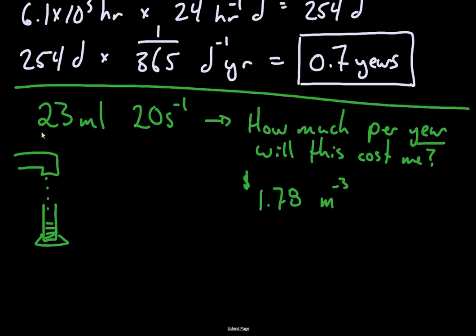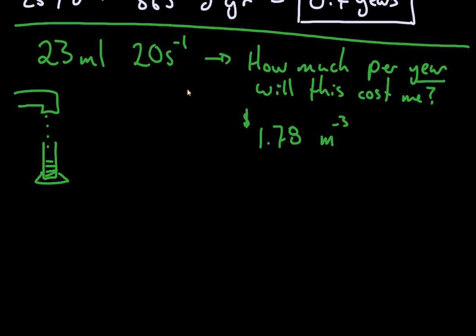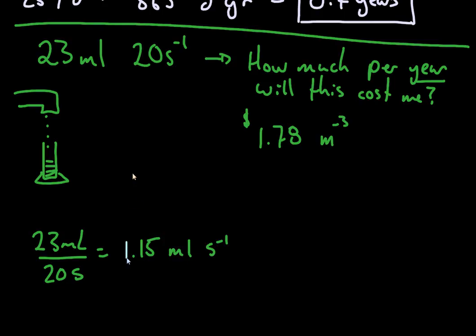All right, so we're not in the right units, first of all, so we got to do some converting to start. So the first thing I'll do is I'll say, well, if 23 milliliters comes in 20 seconds, how many milliliters come every second? So what we'll do is we'll say 23 milliliters every 20 seconds gives, so that's 1.15 milliliters per second, okay?